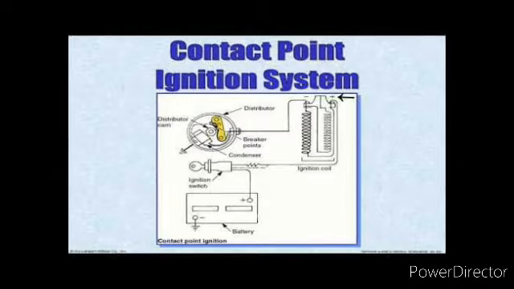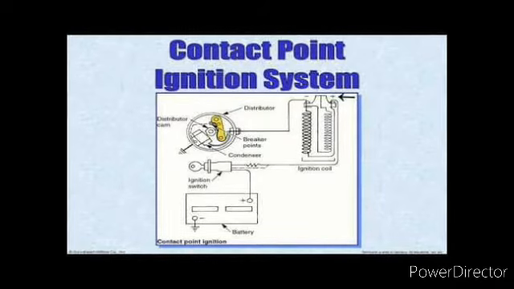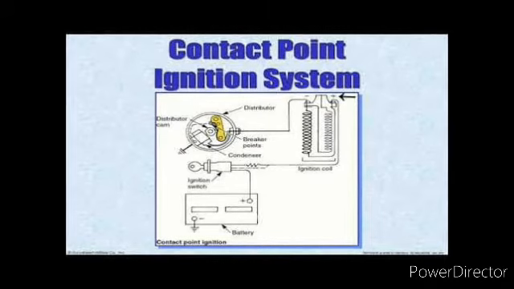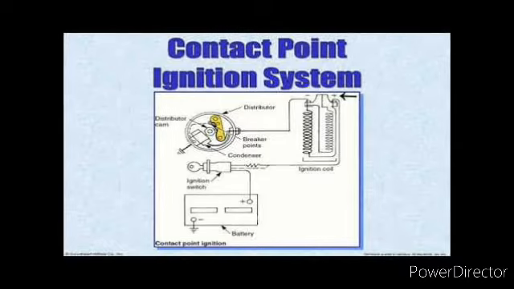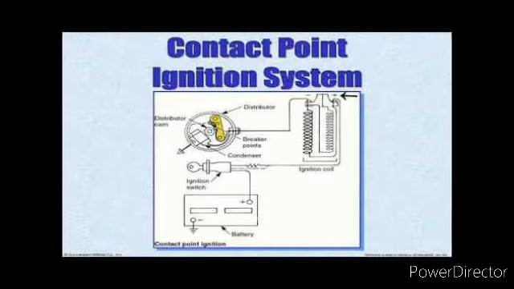So, contact point ignition system, as you can see here in the image above, this is a contact point ignition system diagram. So, this diagram goes like this. When the engine is running, the distributor shaft and distributor cam rotate. This action causes the distributor cam to open and close the contact points.